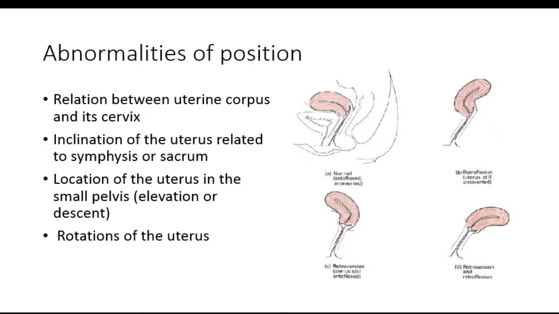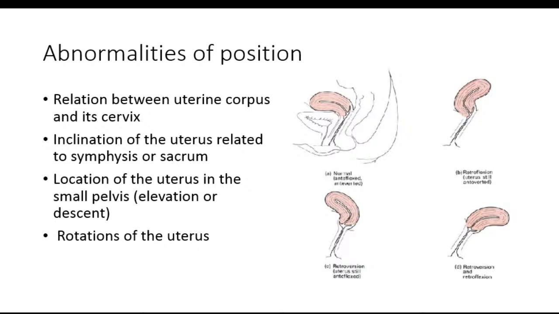And now we will go to the second topic of my lecture today, abnormalities of the position of the genital organs. If we speak about the normal and abnormal position of the uterus, we speak about the relation between the uterine corpus, the uterine body, and its cervix.